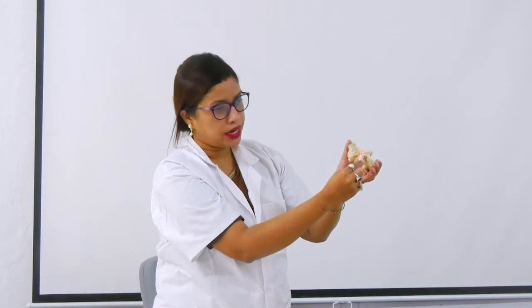Now see here, this is the carotid canal. In front of the carotid canal there is a triangular hollow space related to the ganglion of the glossopharyngeal nerve.